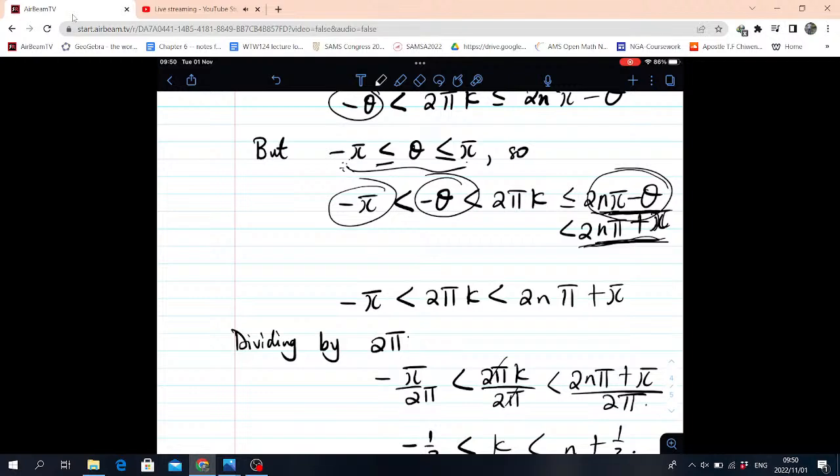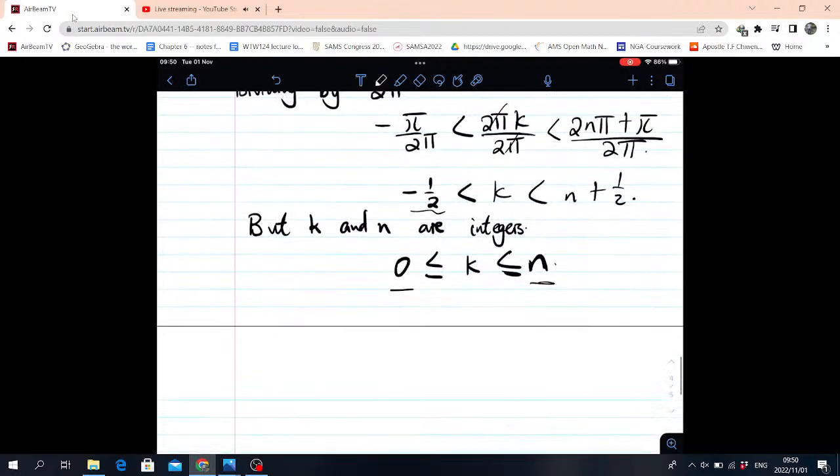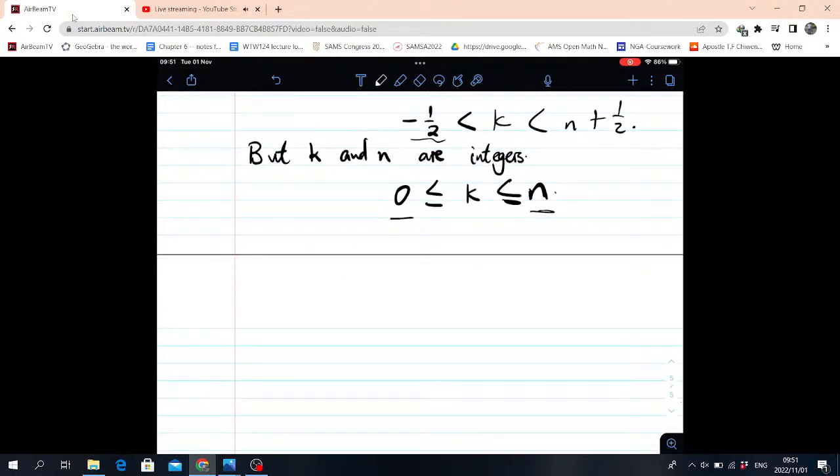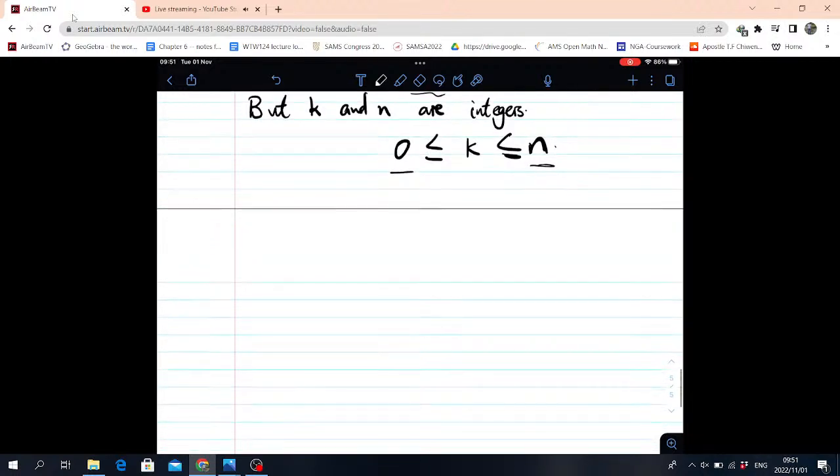So when k is equal to n, what then happens? Let's look at the term. The nth root of r times e to the i times theta plus 2n pi, all over n.